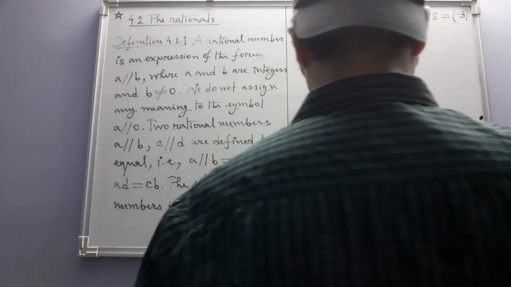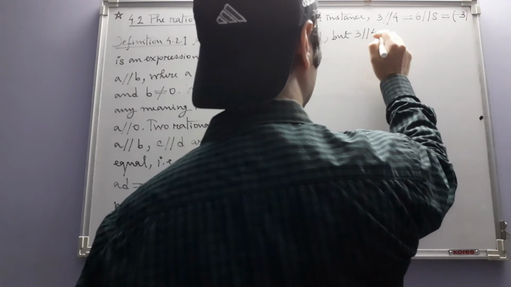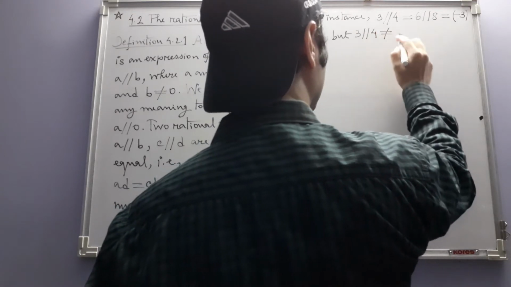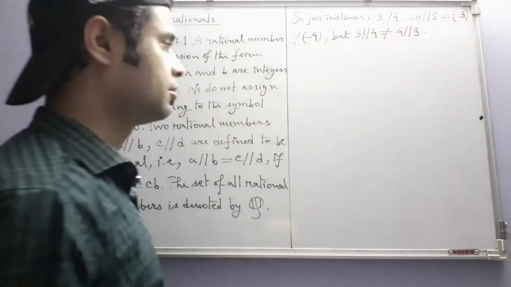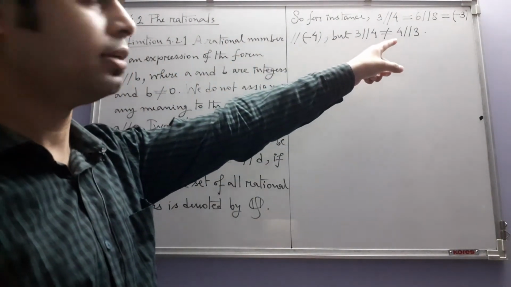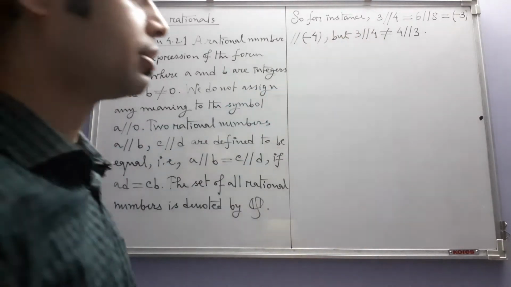But 3 by 4 is not equal to 4 by 3, because 3 times 3 is 9, but 4 times 4 is 16, and they are not equal. We already know that.